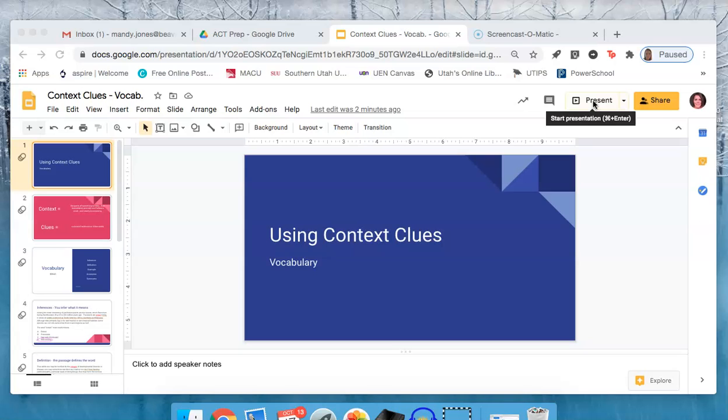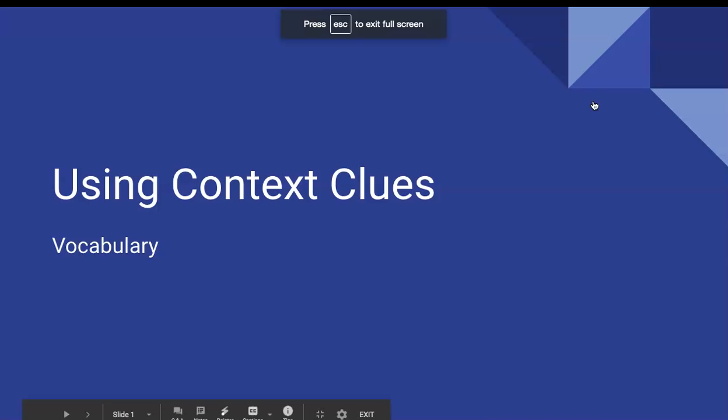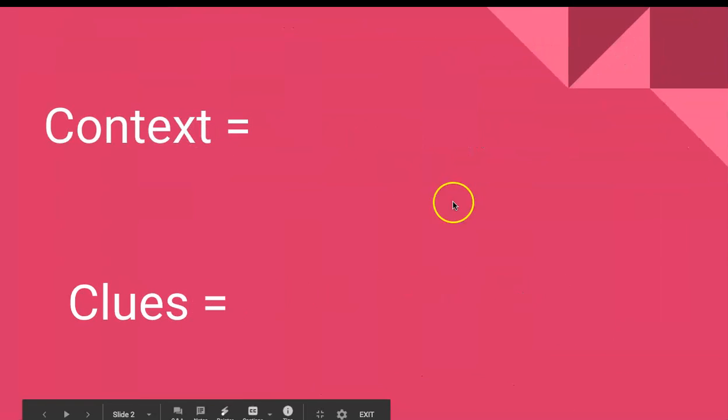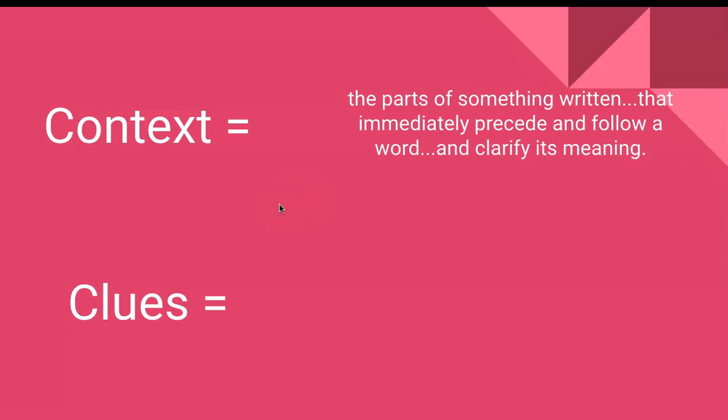And for today's lesson, I want to talk about using context clues when trying to figure out the vocabulary in a passage. So first off, I want to break down context and clues. The definition of context is trying to clarify the meaning of a word based off of what comes before it, so the preceding words or phrases, and what comes after it, so the following words or phrases.